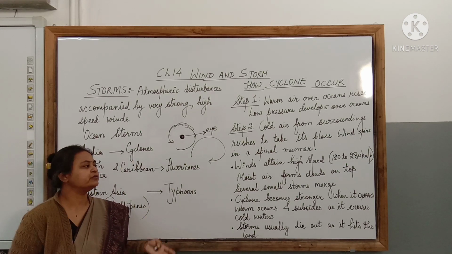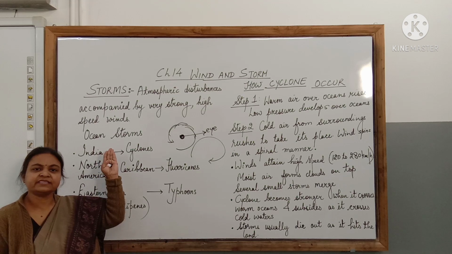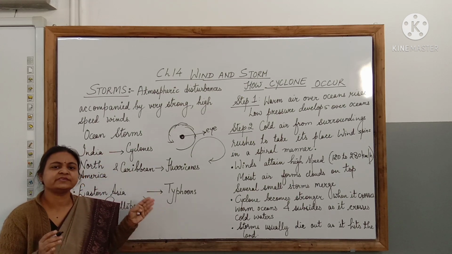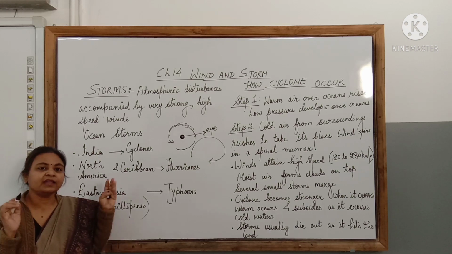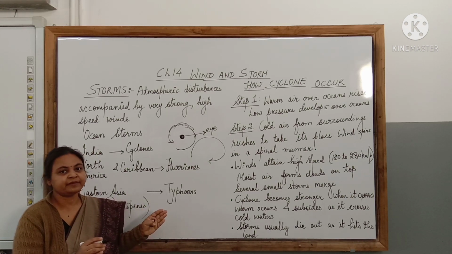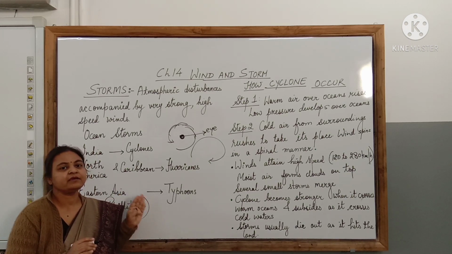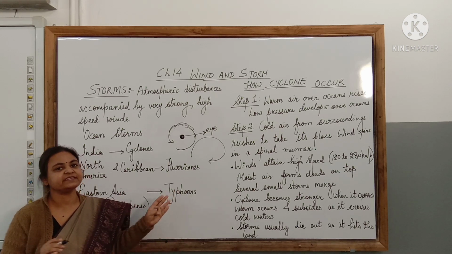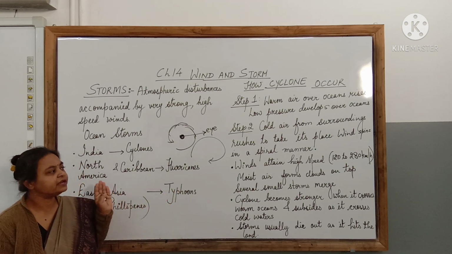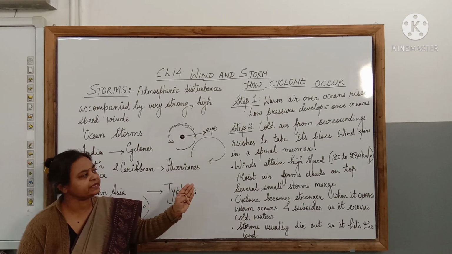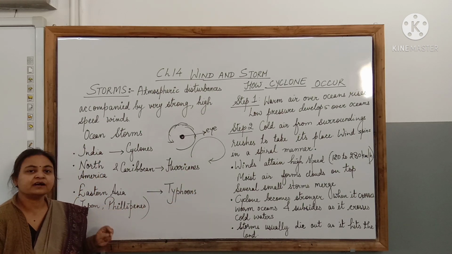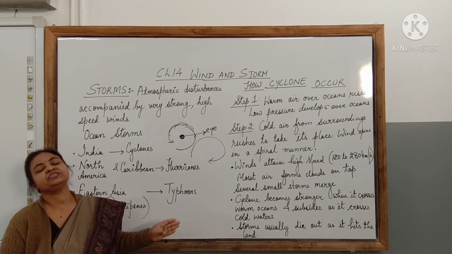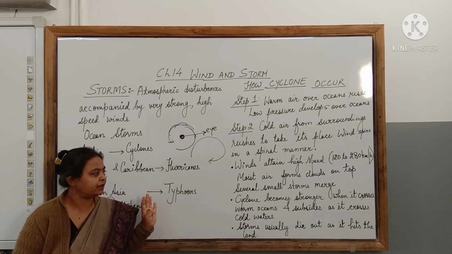So it forms clouds on top, and several small storms combine to form a big one. Clouds bring heavy rainfall in these regions, along with winds ranging from 120 kilometers to 280 kilometers per hour. A strong cyclone can reach up to 300 km per hour.